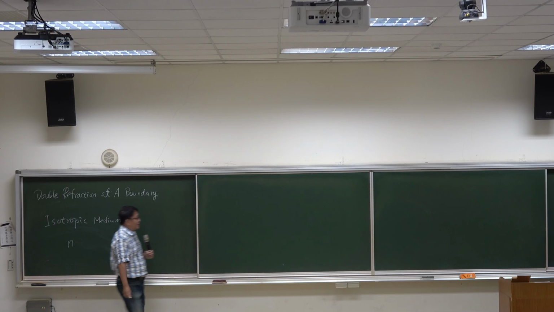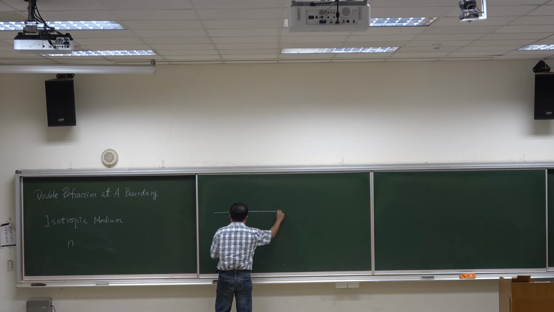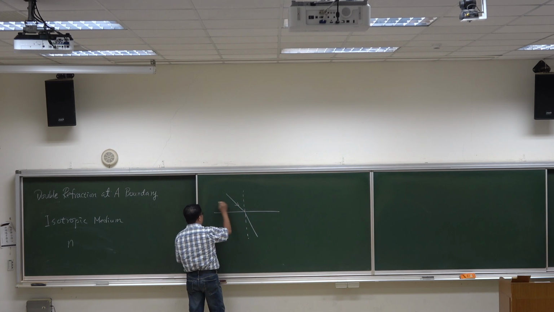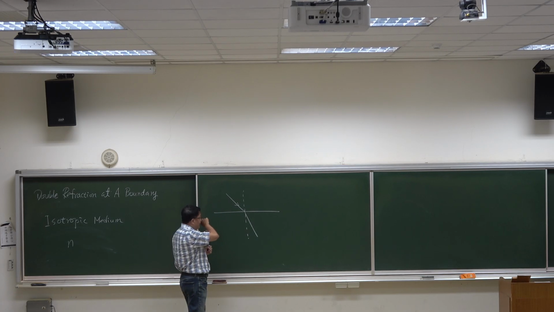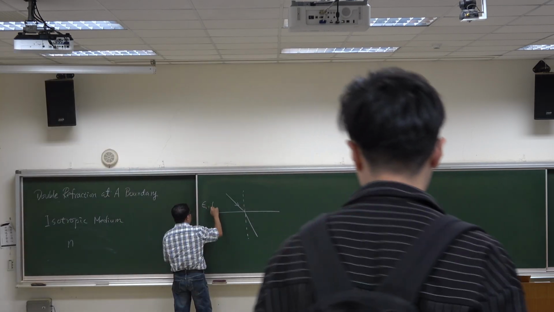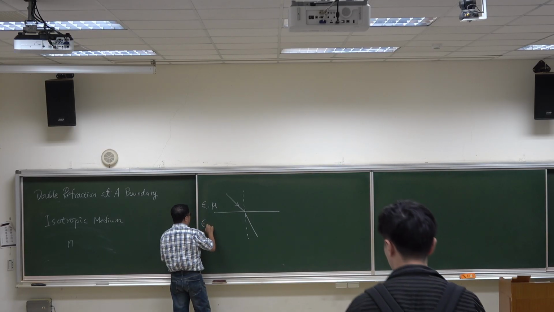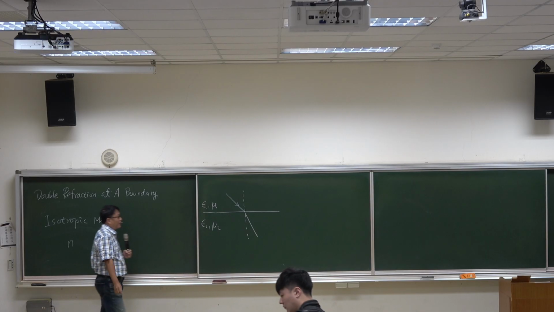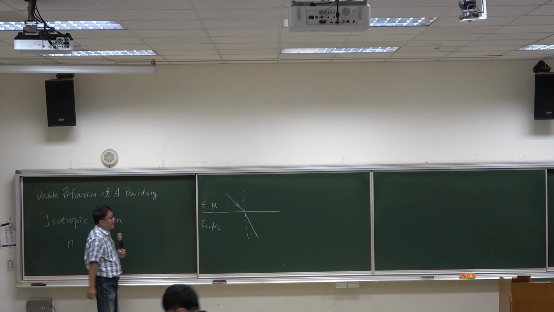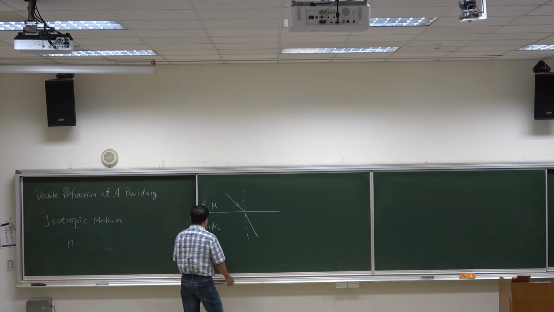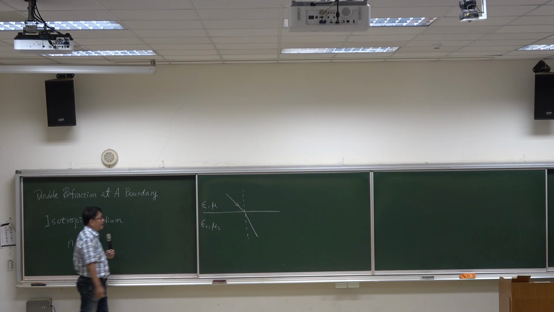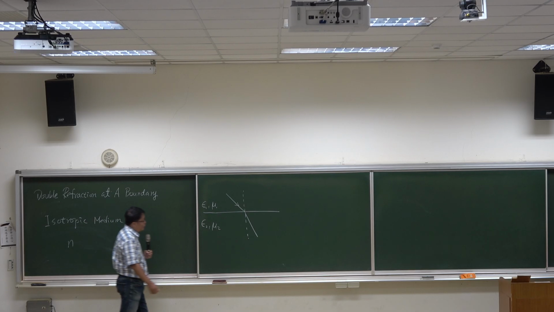If we consider a beam of light incident from medium number 1, characterized by the permittivity epsilon 1, permeability mu 1, and the medium 2 characterized by permittivity epsilon 2, permeability mu 2.